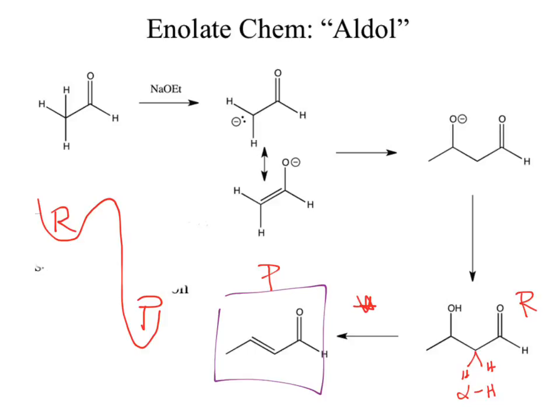Conjugation. The pi bond of our alkene is conjugated with the pi bond of the carbonyl. There is resonance now within that structure. That makes that product incredibly stable. I do not have that same resonance in the aldol, so I would expect that last step to occur.